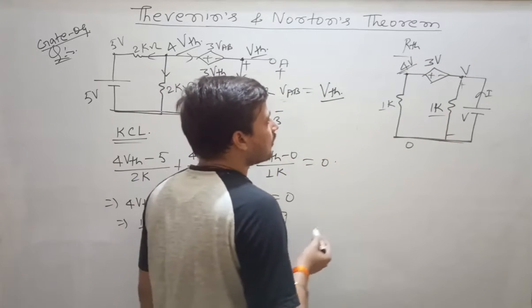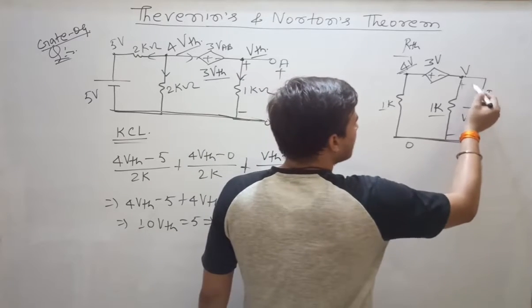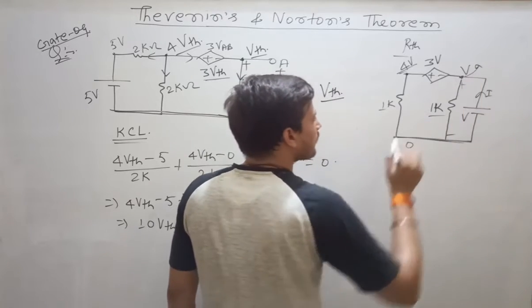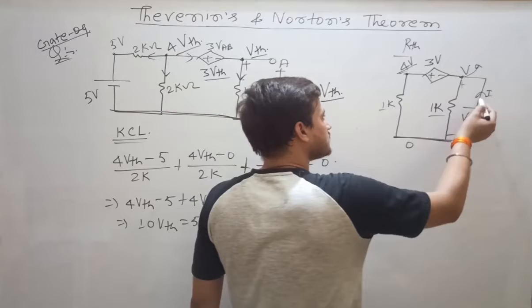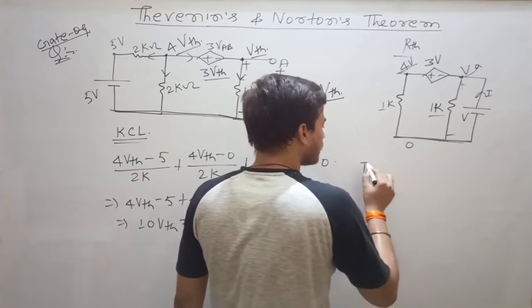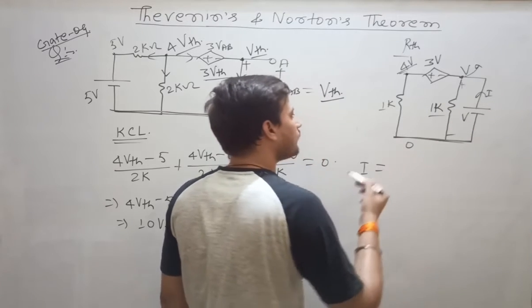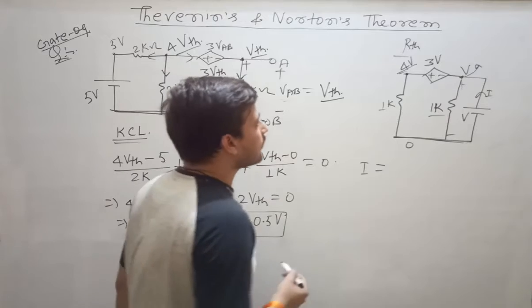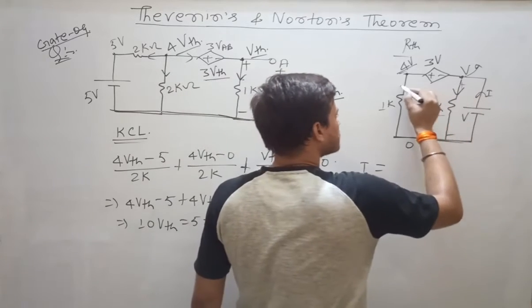So now apply Kirchhoff's current law at this node. If you are applying Kirchhoff's current law, see this current I is the incoming current. So I will be equal to the sum of outgoing currents. There is one branch, there is another branch.